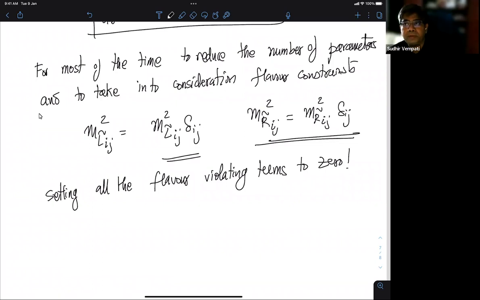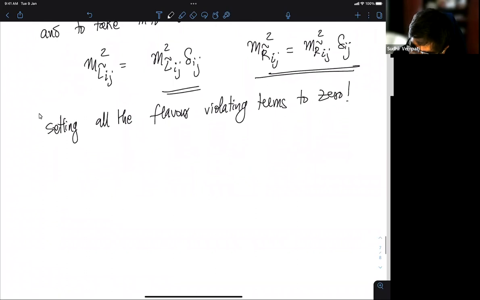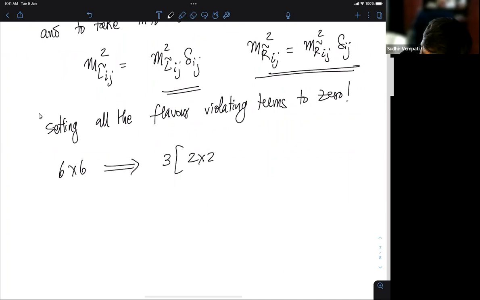And in fact, when we see supersymmetry breaking models, most of the popular models, because that's how you construct them, will lead to this condition that all the flavor violating soft terms are 0 essentially. Okay, so in that case, this entire 6x6 matrix decomposes into 3 times 2x2 matrices.